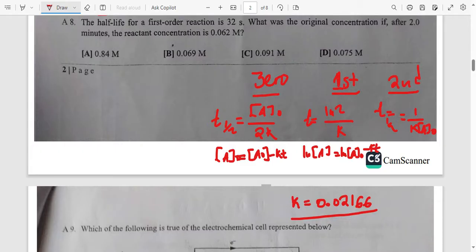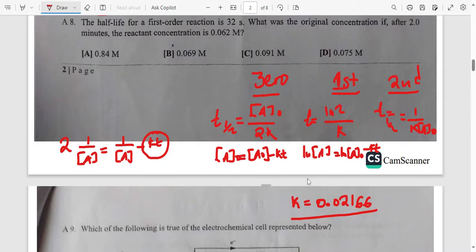For a second order reaction, the integrated rate law is 1 over final concentration equals 1 over initial concentration plus kT. It's only second order that has a positive gradient. The others, you can see it was minus, minus.